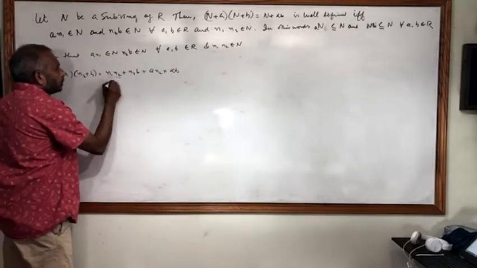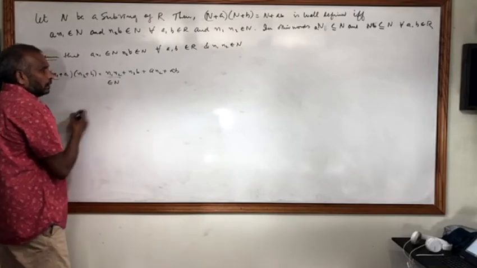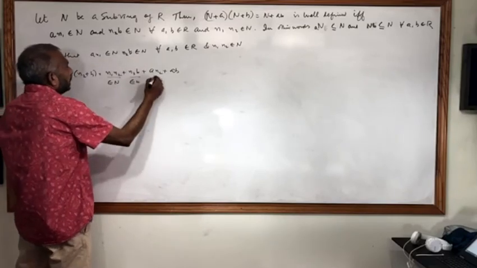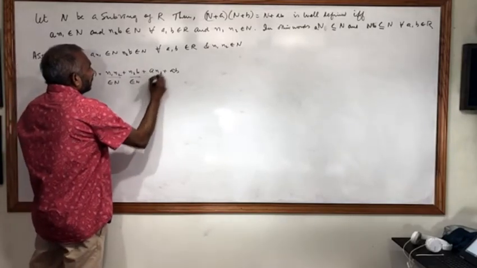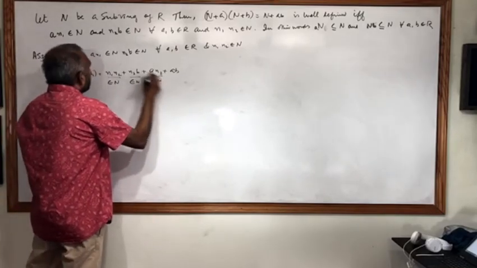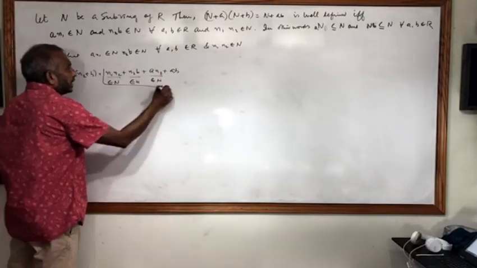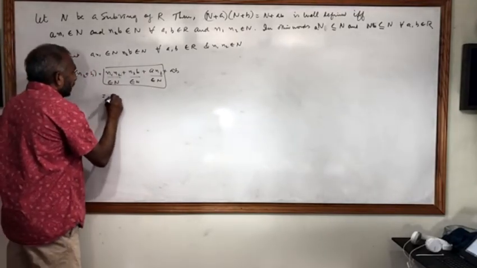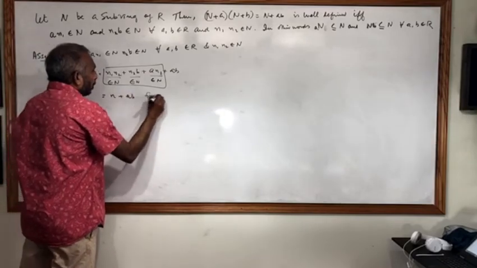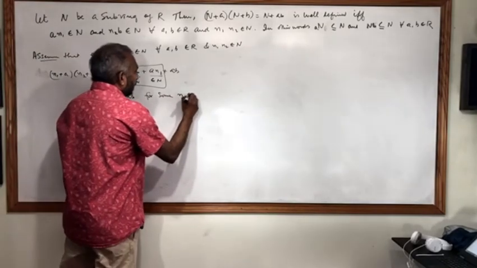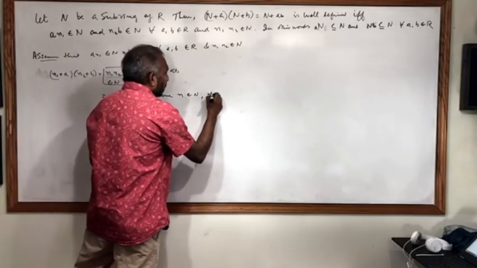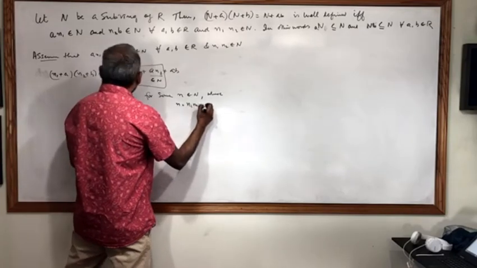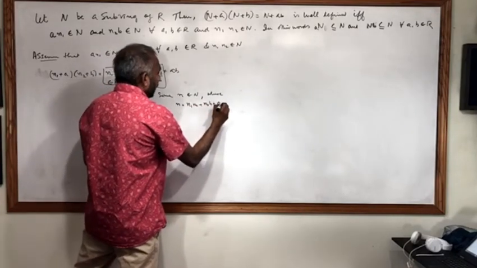This definitely belongs to N. This also definitely belongs to N because of this, and this also belongs to N because of this condition. So all these are in N. Right? So this can be written as N plus AB for some n in N, where n is equal to n1 n2 plus n2 B plus A n1.